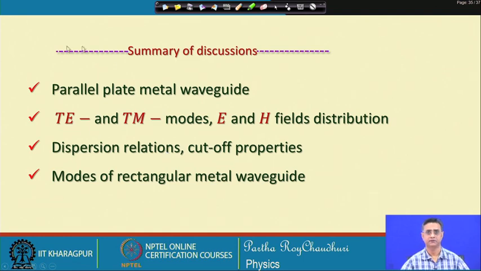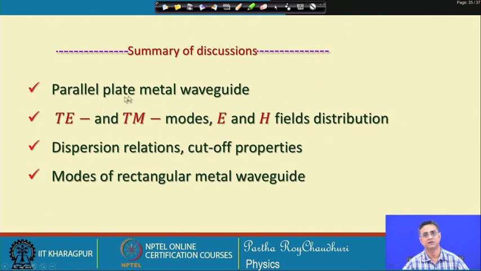Okay, so we have discussed, starting with a parallel plate metal waveguide, the TE and TM polarization orientations of the wave, and that gives rise to the TE and TM modes. We have also seen the electric and magnetic field distribution across the waveguide for various modes, their dispersion relation and cutoff properties.